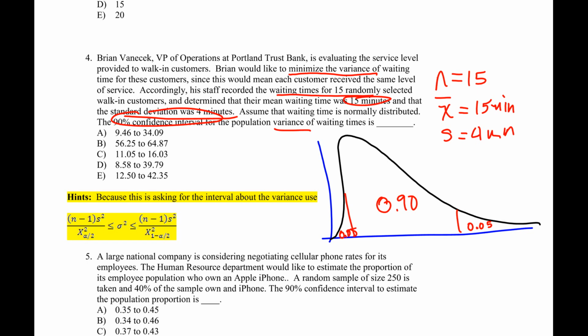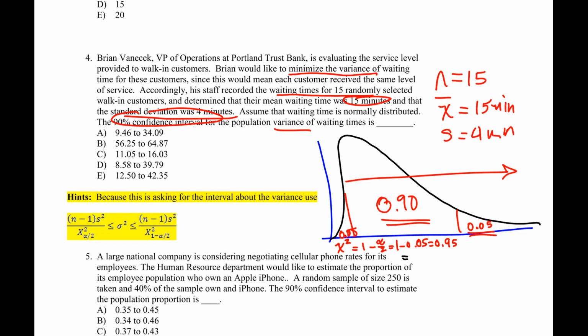But how I read the table is this chi-square value will be 1 minus alpha divided by 2, which is 0.05, so this will be in the table 0.95. The reason why is you read the area to the right, so it would be this area plus that area, and that's where the 0.95 is coming from. But you can just use 1 minus alpha divided by 2.